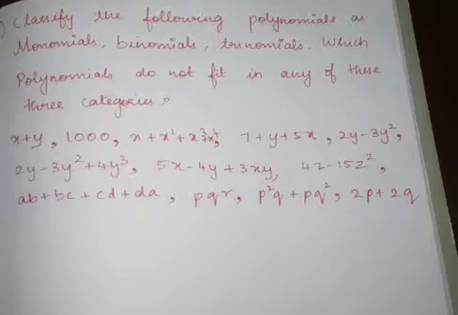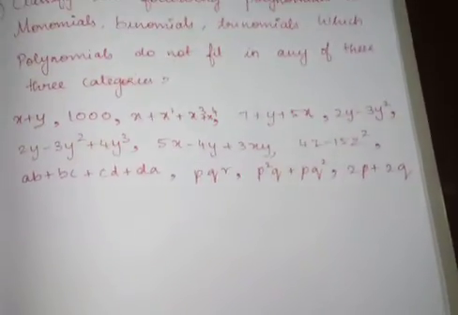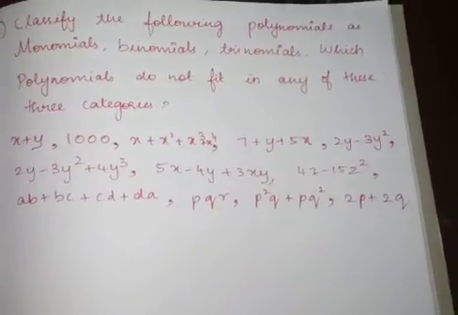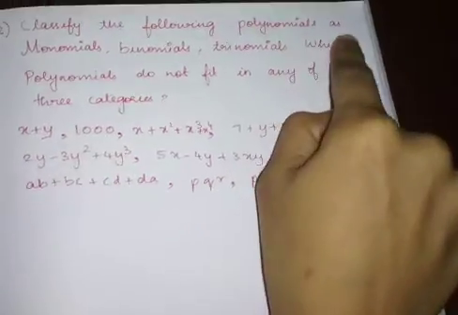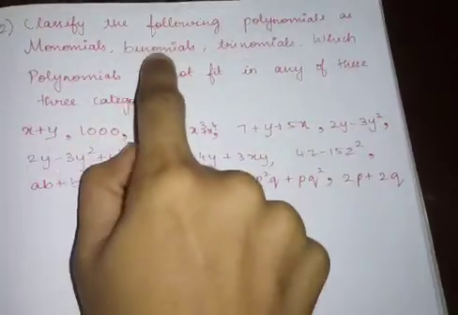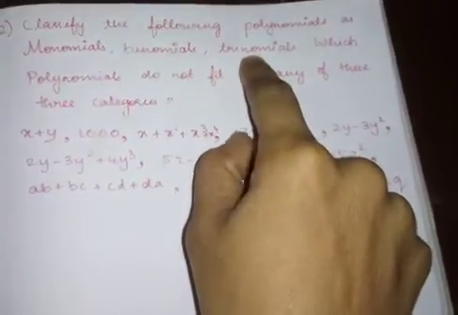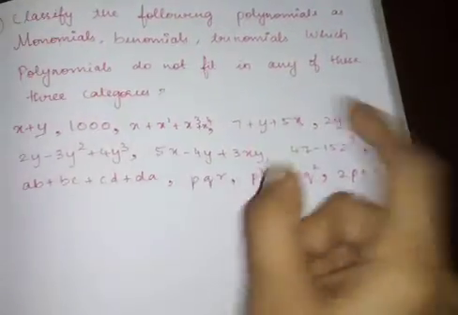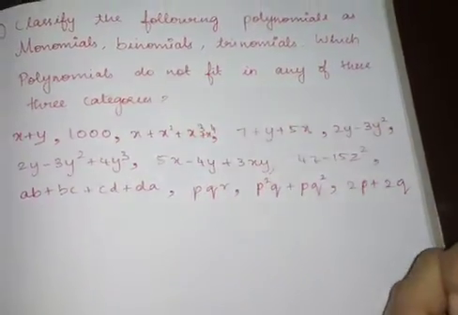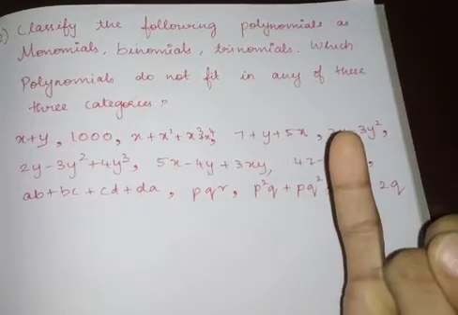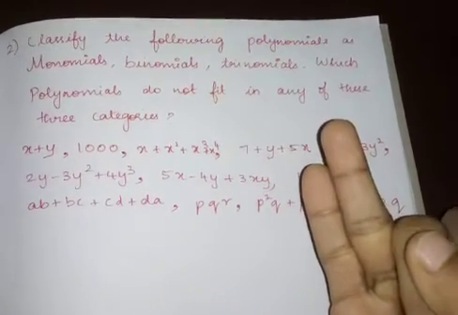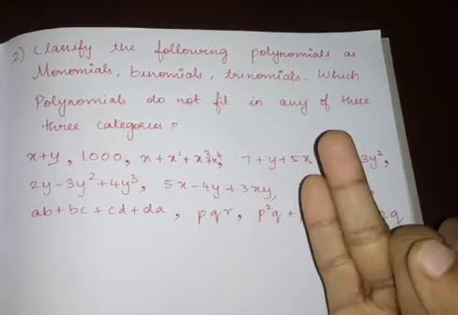I hope you all have taken this exercise 9.1 second problem. What's the question, children? Classify the following polynomials as monomial, binomial, trinomial. See, there are many polynomials given. You know already that monomial means it will be having only one term. Binomial means it will be having two terms.